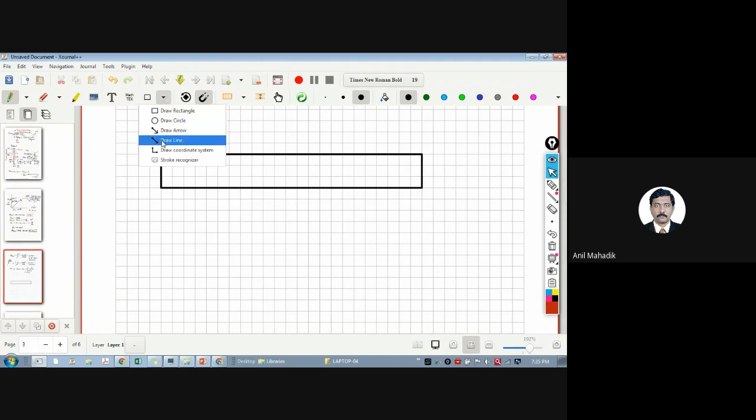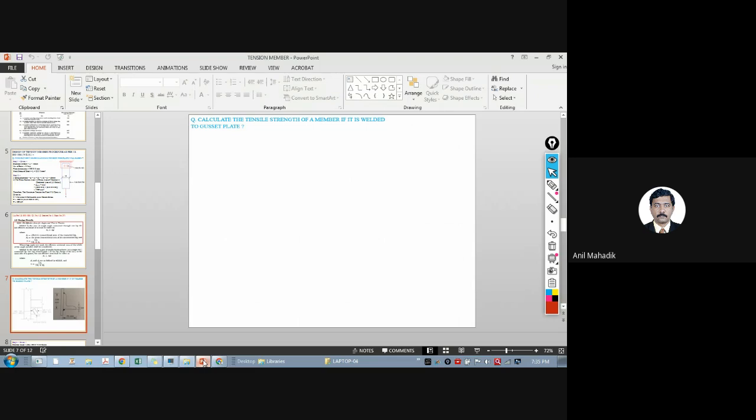Let's say we have one truss, supported on columns, and this is, we can say, truss kind of.